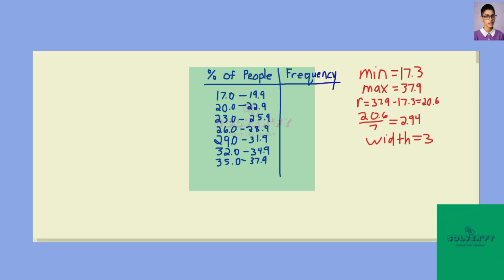And now we'll just count up all of our frequencies. For this one, I would actually recommend making an extra column like this to make tallies for all of your frequencies. So you would have your classes like 17.0 to 19.9.